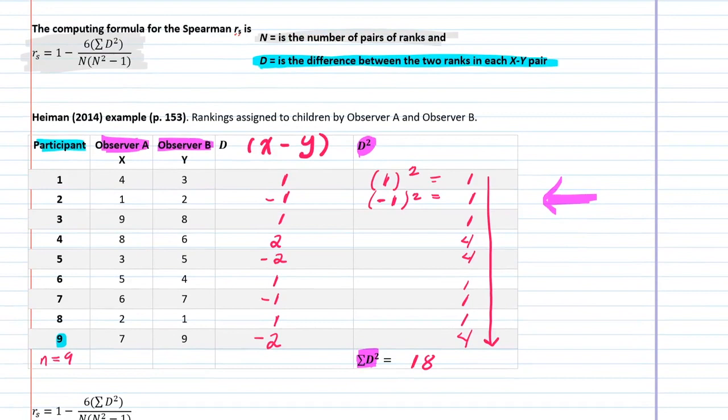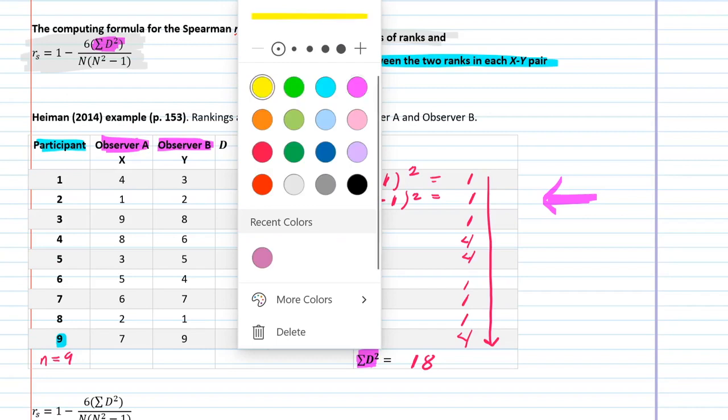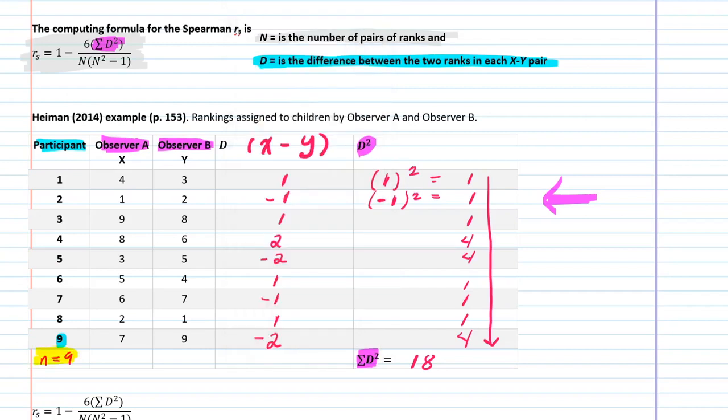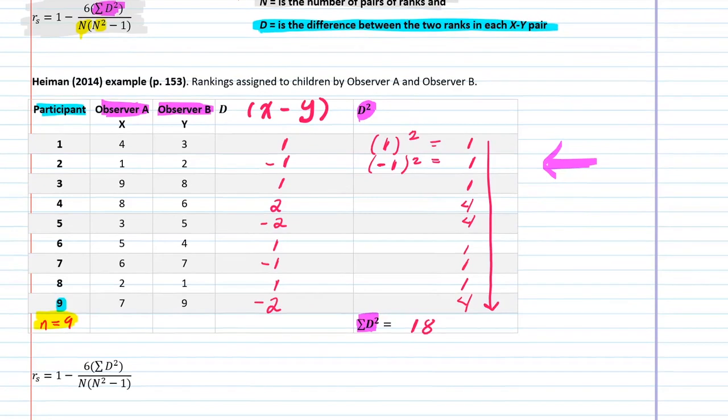If we look at our formula, it's actually this piece here, the sum of these squares. I already know what the N is, and I know it from here. It's 9, so this is going to be 9, and this is going to be 9 squared. That's it. That's all I need to do.